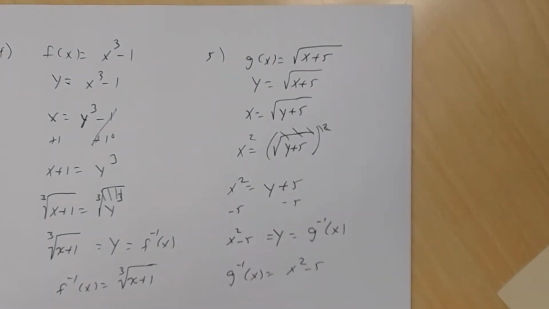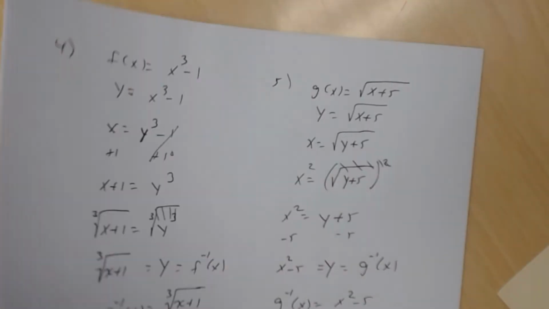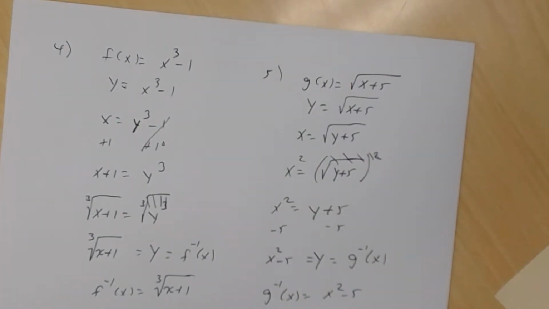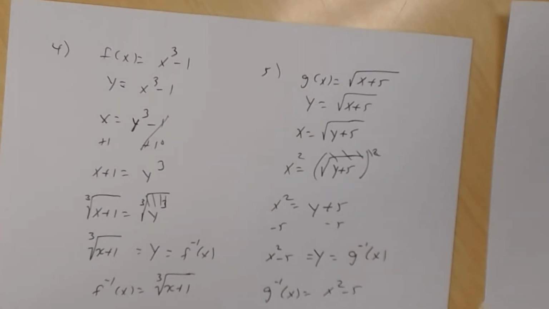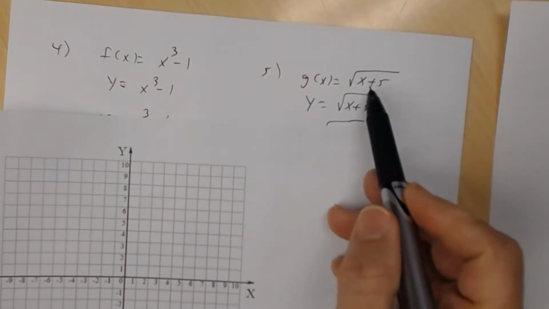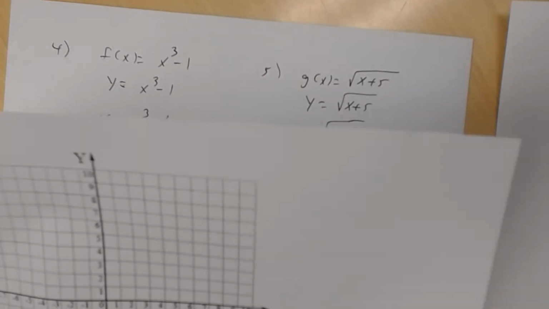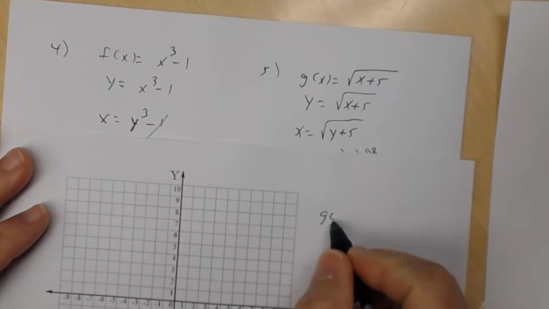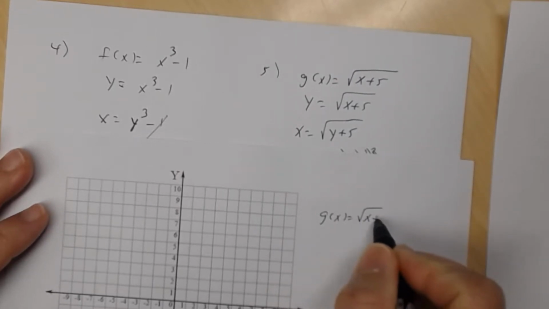So I'm going to go ahead and graph. Let me find the grid paper. All right, so let's go ahead and graph this function here, g of x equals the square root of x plus 5.